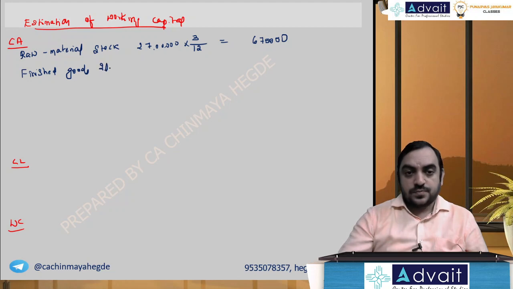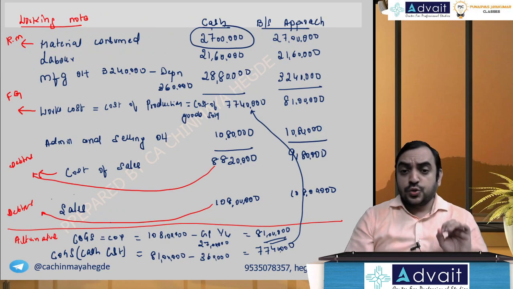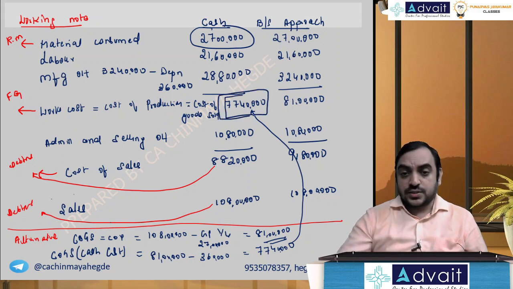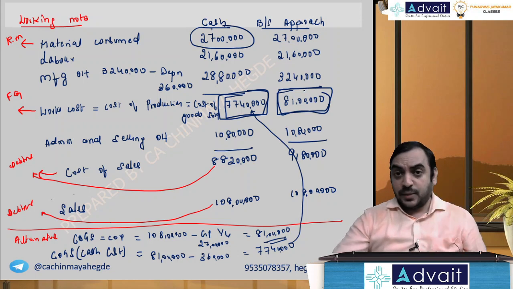Finished goods stock. We are following cash cost approach. So what number we should use? We will use 77 lakh 40,000. If it is a balance sheet approach, what number would I have used? I would have used 81 lakh. Keep that in mind.